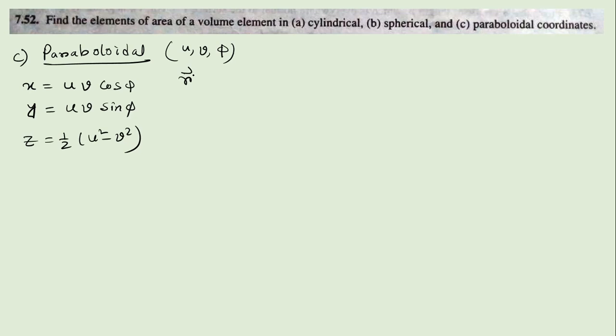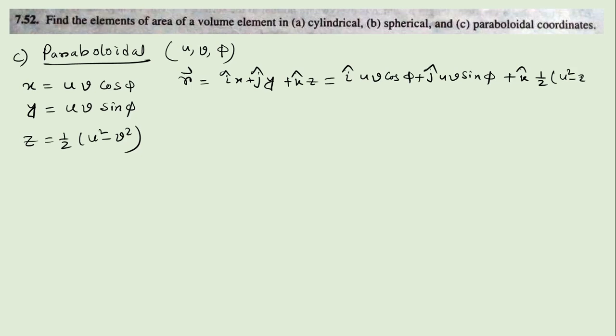So the position vector equals i cap x plus j cap y plus k cap z. So this is nothing but i cap uv cos phi plus j cap uv sin phi plus k cap half u square minus v square, right? So this is the position vector.